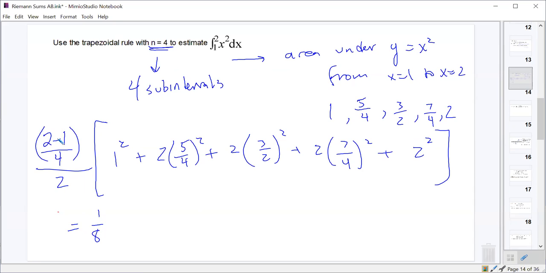Good. b minus a over n, 1/4 over 2 is an 8. And we got 1 plus 25/16 times 2, or 25/8. 9/4 times 2, or 9/2. 49/16 times 2, or 49/8. And 4. And what does that simplify out to become?